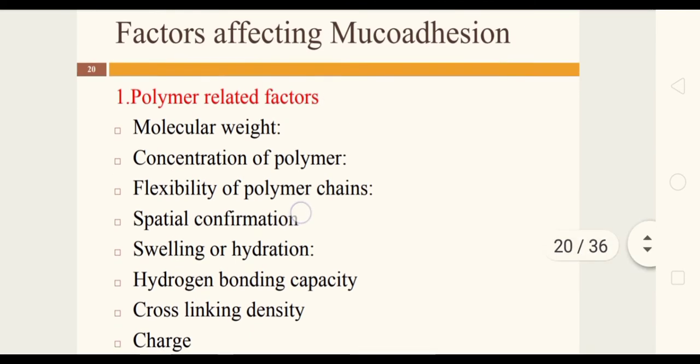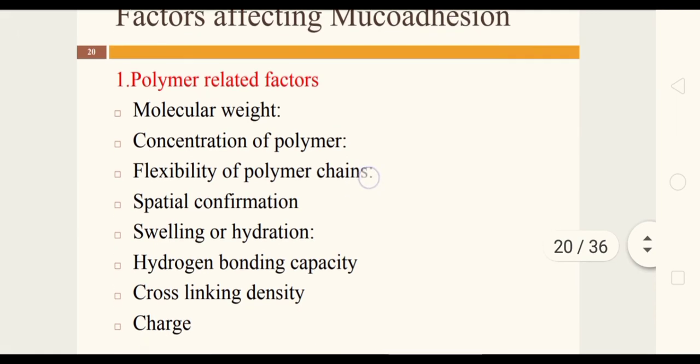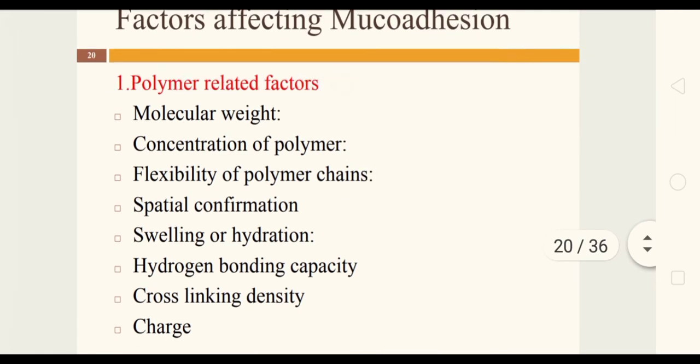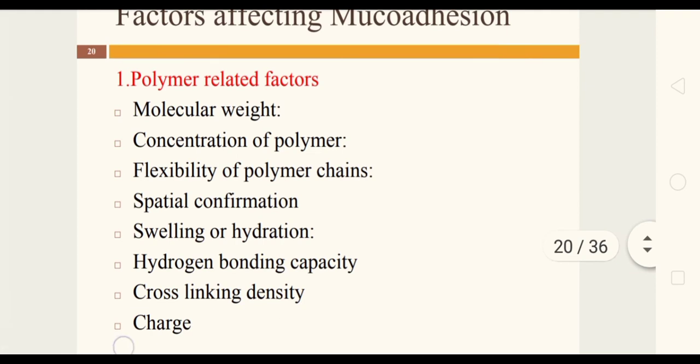Next there are factors affecting mucoadhesion. There are many factors, out of which first of all are the polymer related factors like molecular weight, we need high molecular weight, concentration of molecule, flexibility, more flexibility, spatial conformation, swelling, hydrogen bonding capacity, cross linking density and charge. All these are polymer related.